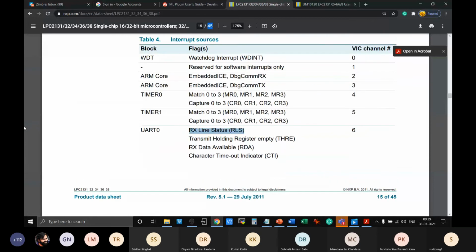So the RX data available interrupt is essentially when your RX line gets pulled low, for the start bit? No. RX data available happens whenever the stop bit goes to 1. So this is basically when the reception is complete.